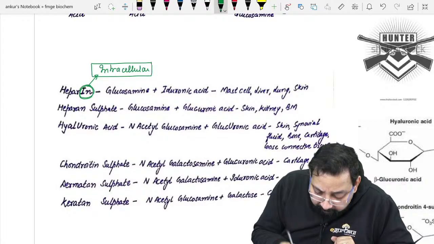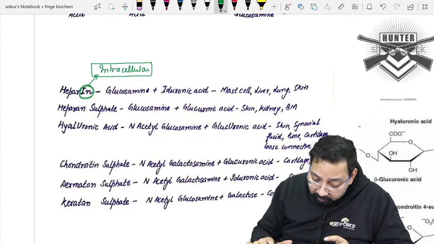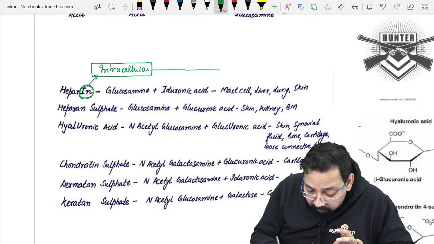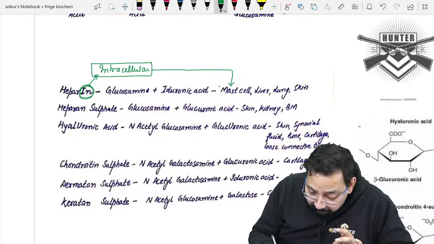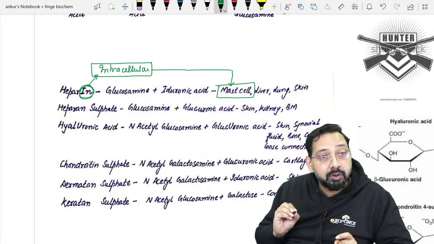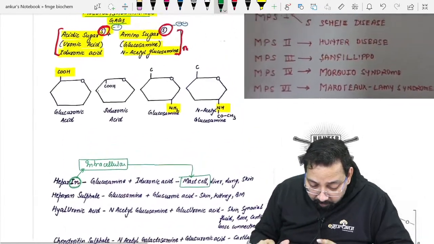So heparin is intracellular. Clear? All others are extracellular. You must have read in pathology that mast cells have heparin. So all are extracellular except heparin. Clear?